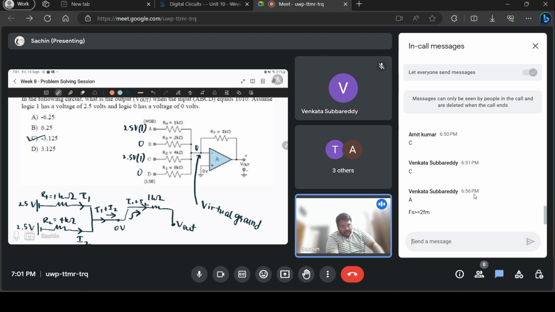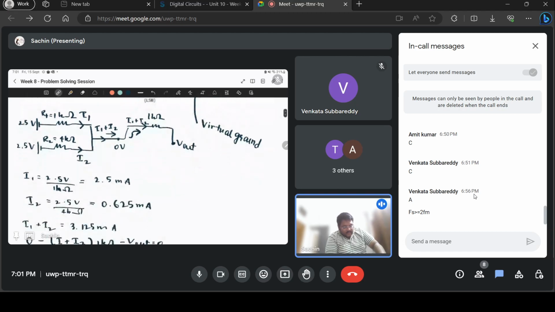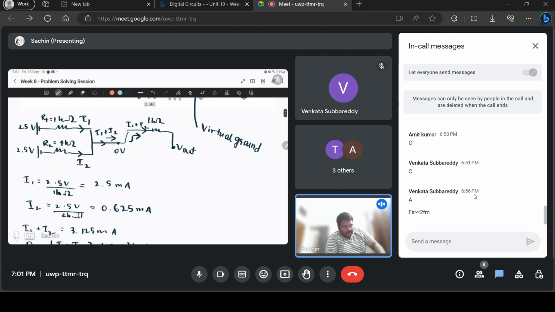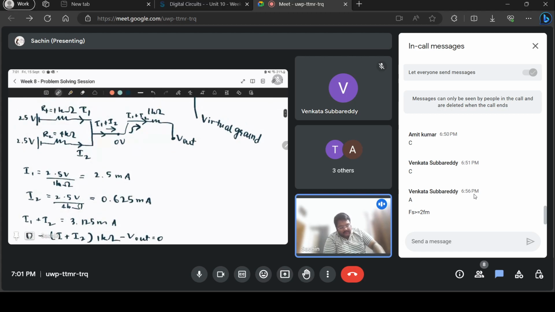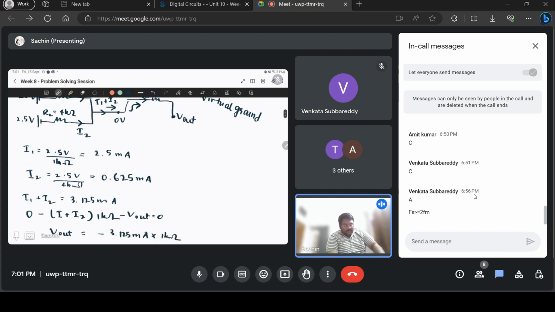So the current coming into this RF is the current from both of these resistors, 1 kilo ohm resistor and 4 kilo ohm resistor. And the voltage difference across the resistors is 2.5 volts for both of them. So the current across both the resistors is 2.5 divided by the resistance value. So it's 2.5 milliampere and 0.625 milliampere.